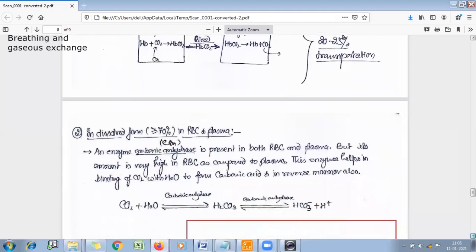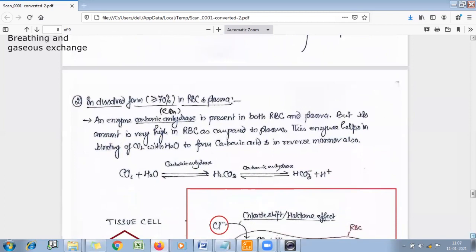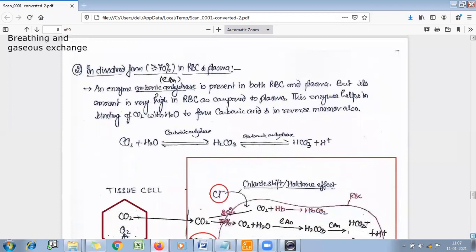Now we will see how the dissolved form of carbon dioxide is transported through RBC and plasma. There is a very important enzyme called carbonic anhydrase. This enzyme is very important for the transportation of carbon dioxide in dissolved form. And this carbonic anhydrase is present in both RBC and plasma.